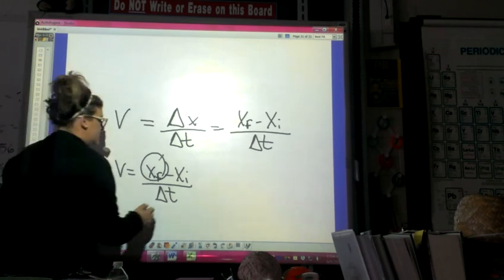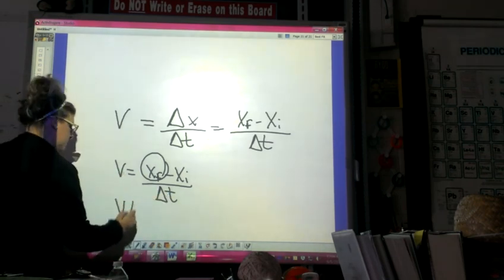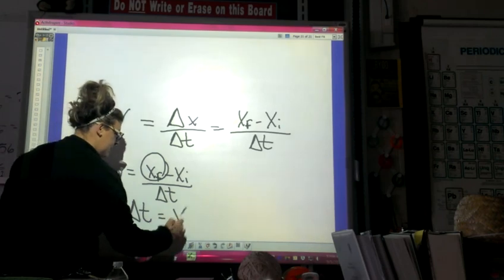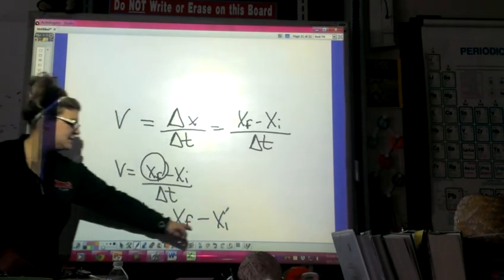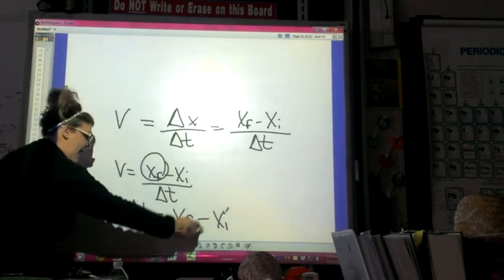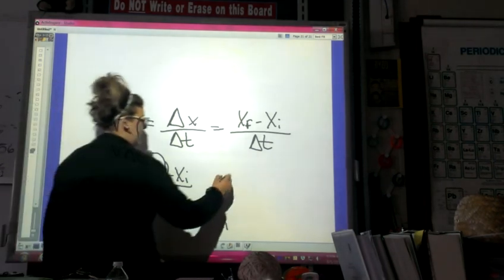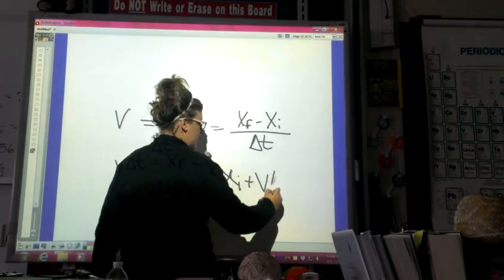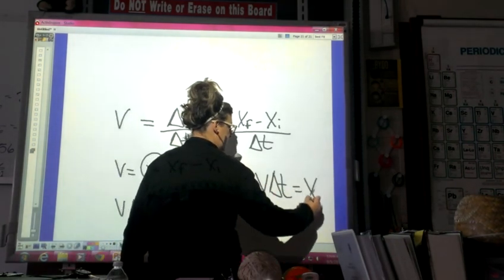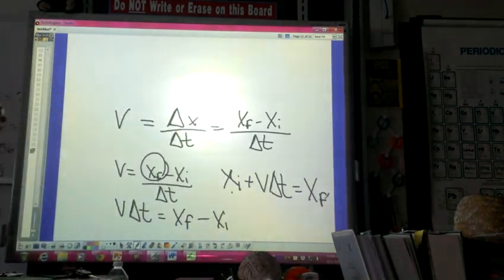So let's multiply v times delta t. That gives me xf minus xi. I just want xf by itself, so I'm going to add xi over here, so I get xi plus v delta t equals your final position.